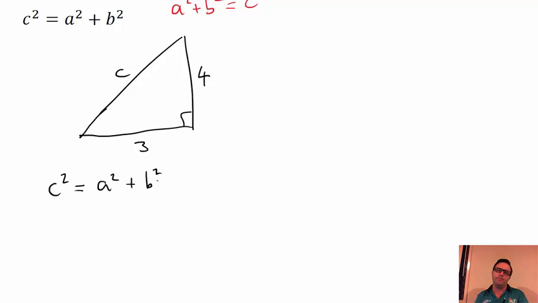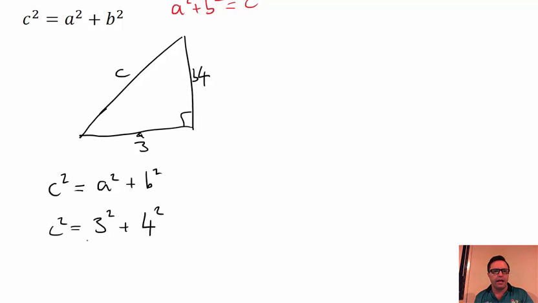Now when you're going about this, because you've got access to a calculator, I highly recommend that you don't necessarily need to calculate everything step by step. So we're going to first substitute. We've got A, let's make this length A and this length B. And so C squared is going to be A is 3, so 3 squared plus here is 4 squared.